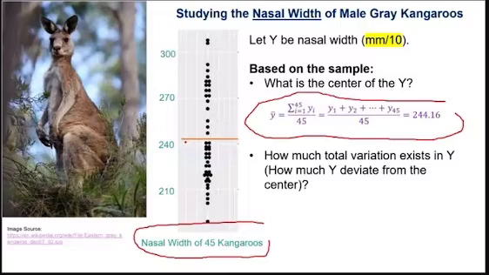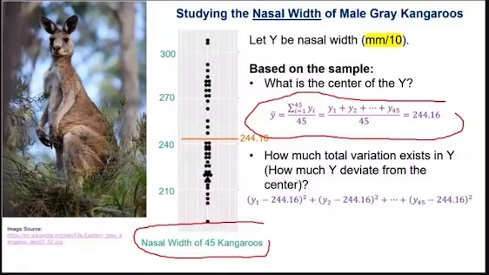Now, the next question I'm going to ask myself is how much total variation exists in Y? We want to know the total variation in Y, because we believe the total variation occurs around the response variable.